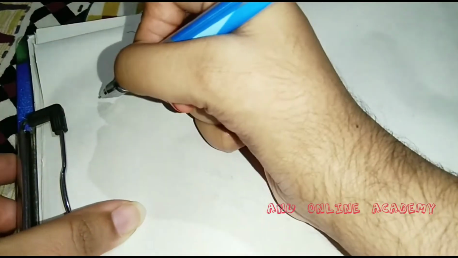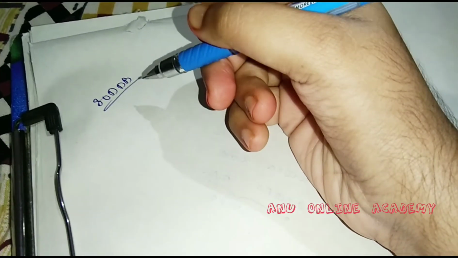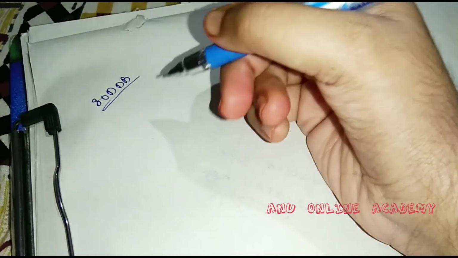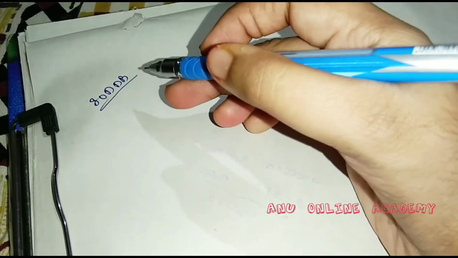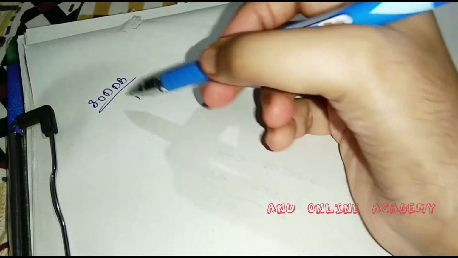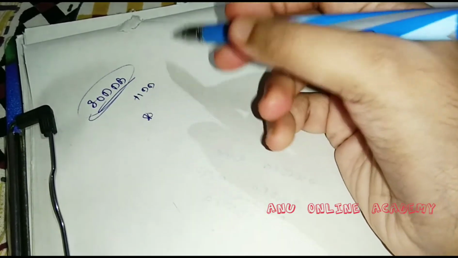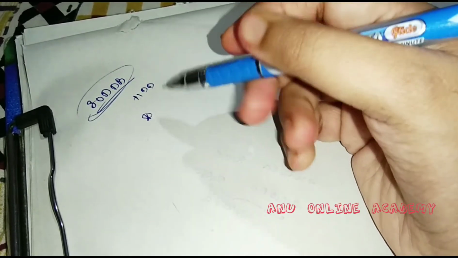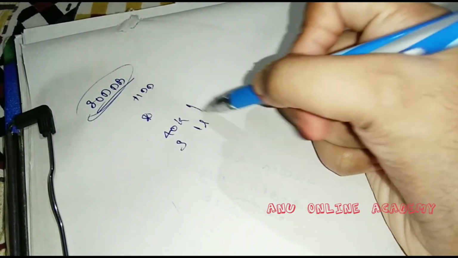And see the next section, 80DDB, expenditure on specified diseases. If the assessee incurs expenditure for himself or a relative for a disease specified under Rule 11DD, then he is eligible for deduction under Section 80DDB. Amount paid, normal 40,000, senior citizen 1 lakh, whichever is lower.